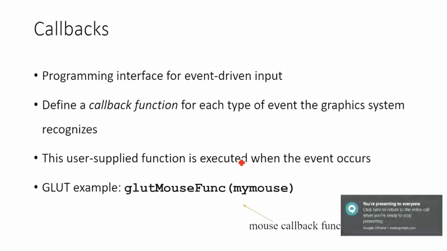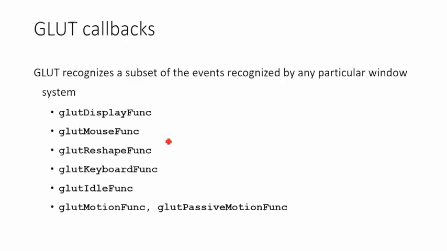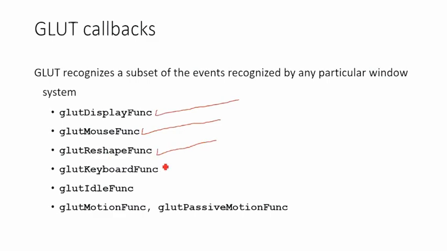So this is a callback function for a mouse event. However, we have different event callback functions. The display activity can be registered using glutDisplayFunc. Mouse activity can be registered using glutMouseFunc. Window reshape activity can be registered using glutReshapeFunc, and keyboard activity can be registered using glutKeyboardFunc.